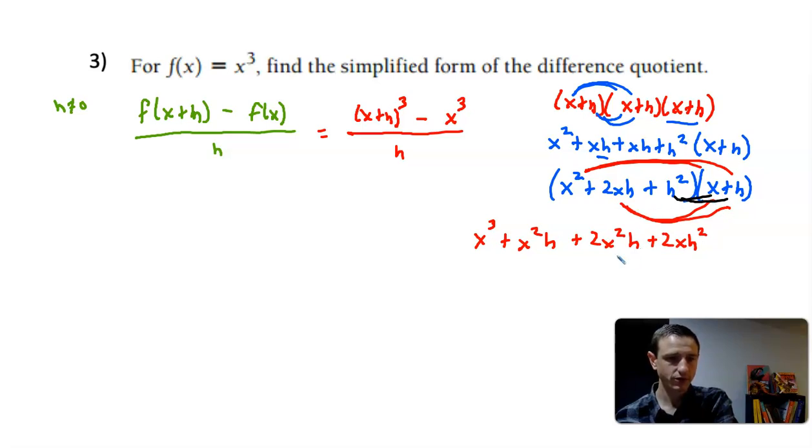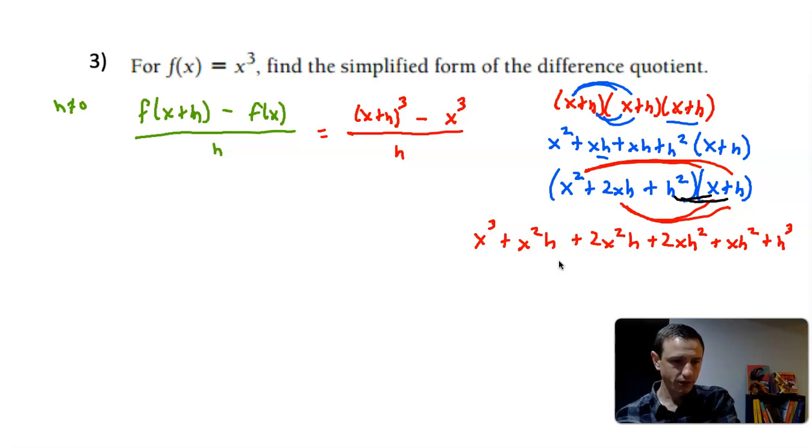And then last, h squared times x is xh squared, and h squared times h is h to the third. Yeah, a little messy, not super clean.